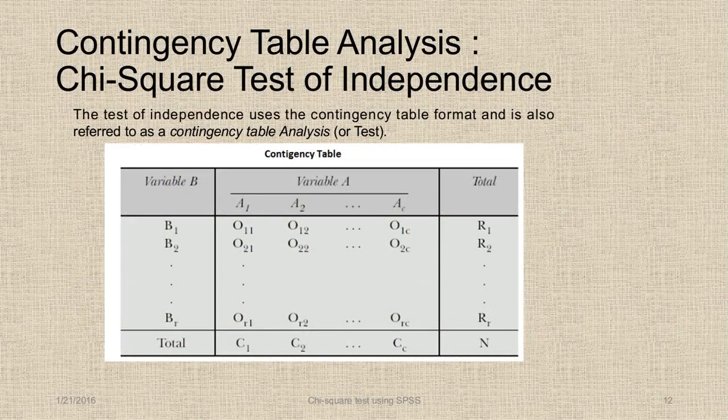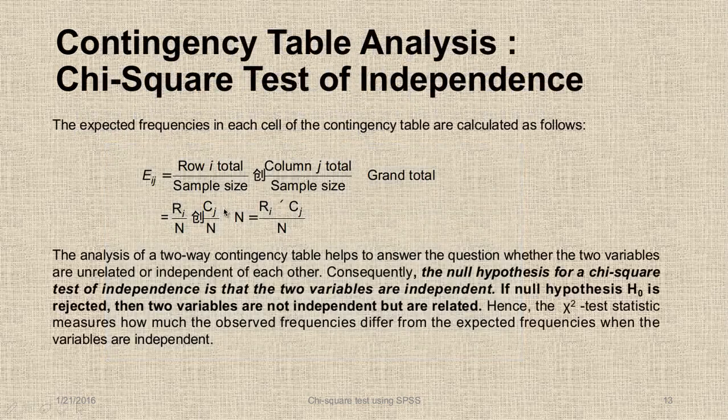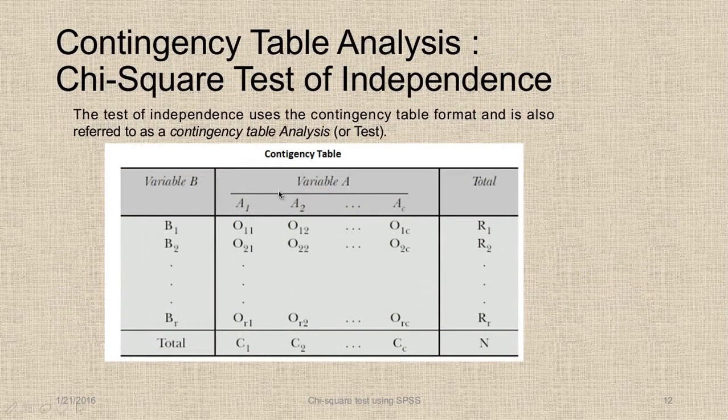Now the contingency table. When we come across this kind of categorical variable, the variables can be presented in a table format like this. Say variable A has these categories A1, A2 up to AC, and variable B has the categories B1, B2 up to BR.